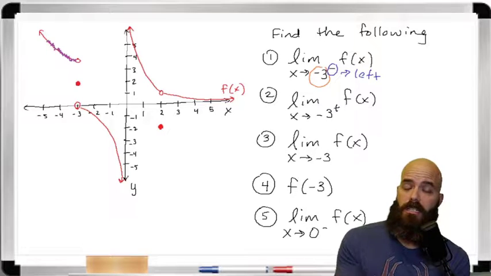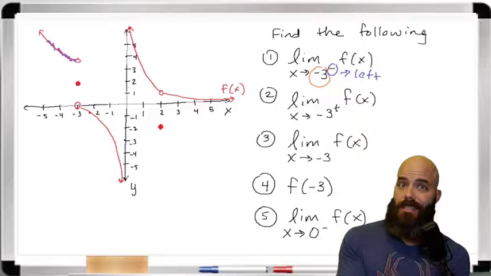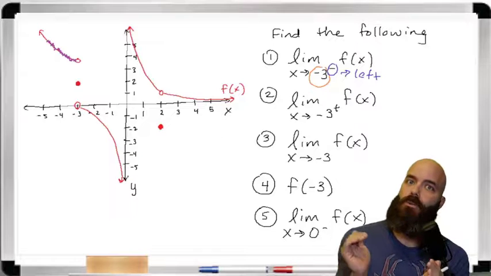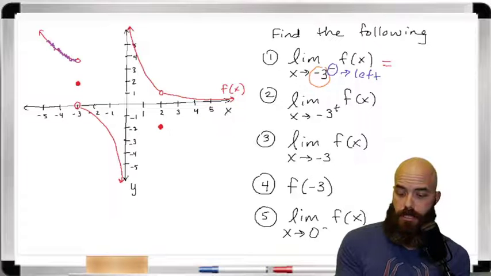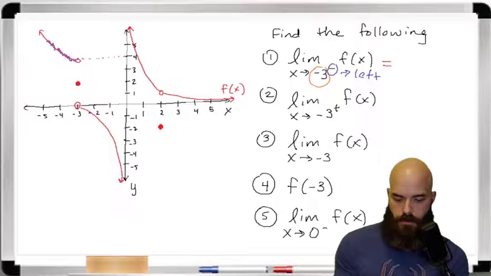You get the idea? So not when x equals -3, but as x approaches -3. And so as we get as close as possible to -3 from the left side, the function value starts to approach, if you trace along, you'll notice that that limit value is 4.